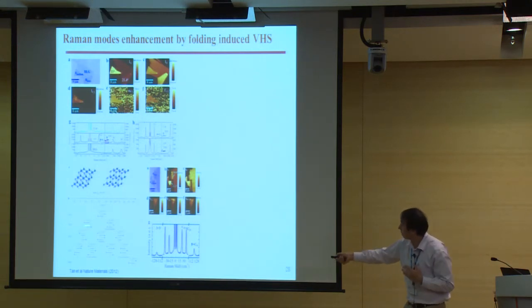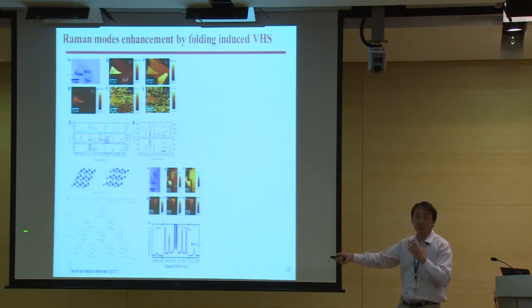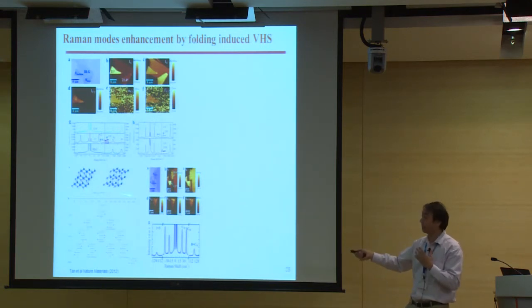For the 3 layer, you will have one extra shear mode. This one is very weak, even weaker than the other, which is why in graphite and few-layer graphene nobody really observed it. But since you have the enhancement here, you are able to see both shear modes of trilayer graphene. So this is for 3 plus 3.